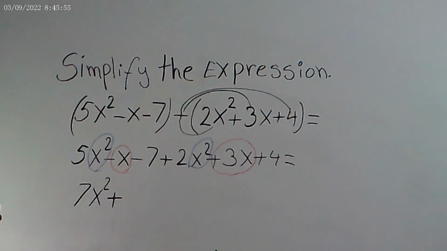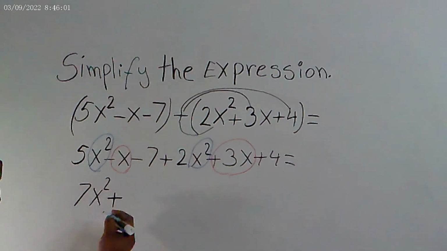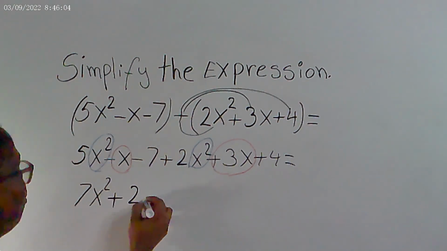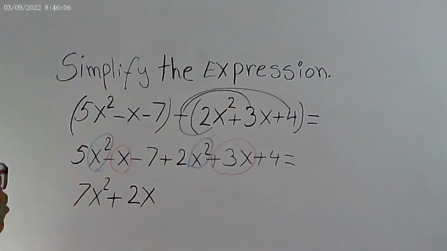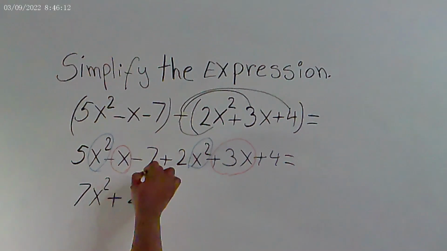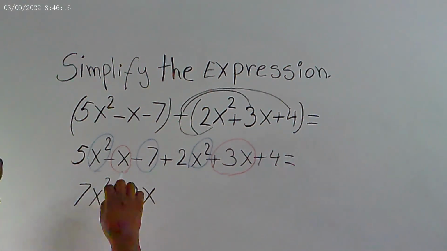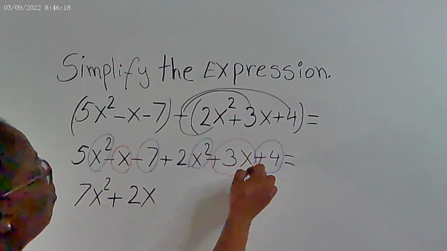The signs are different, you do subtraction. Plus 3 minus 1 gives you a plus 2, and you keep the variable x. Okay, and the next one you have the constants minus 7 and plus 4.